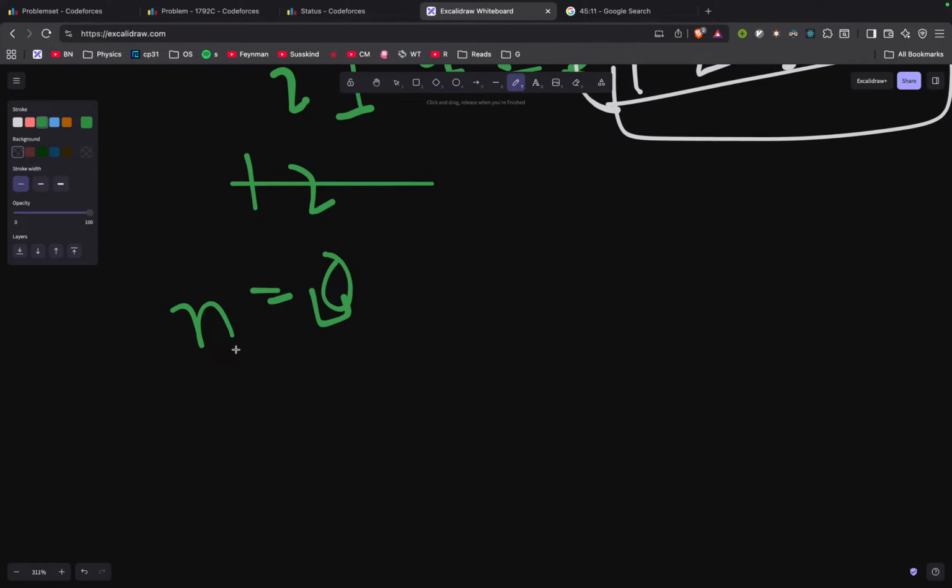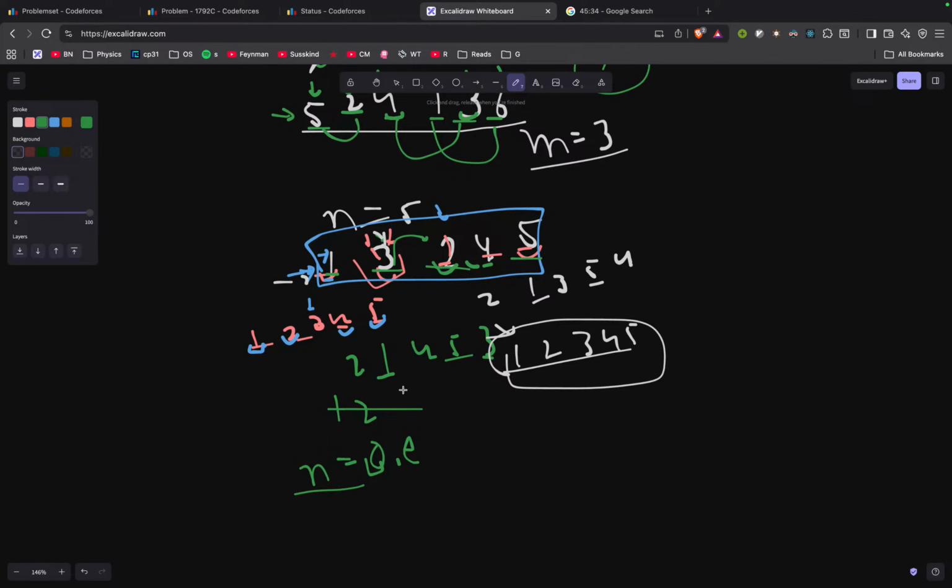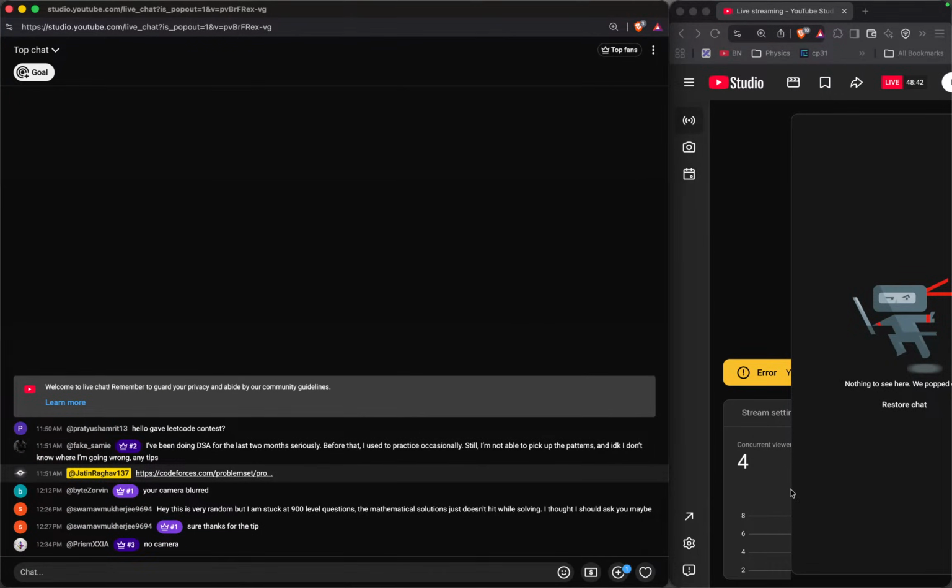And if n is even, that would be another case. N is odd or n is even, and there are like other distinctions.